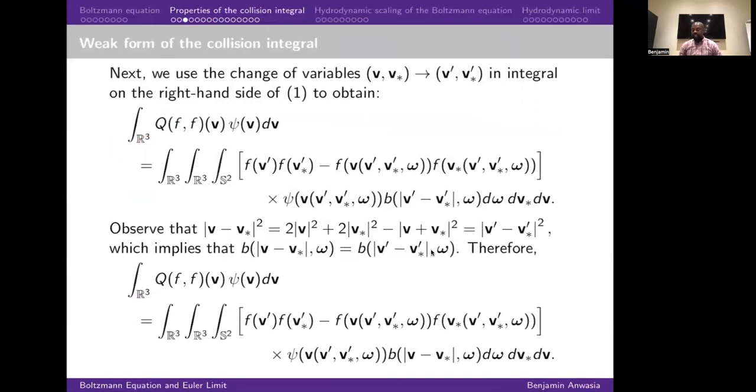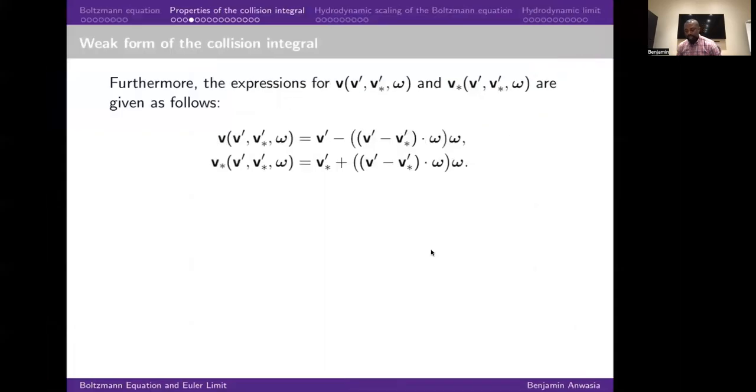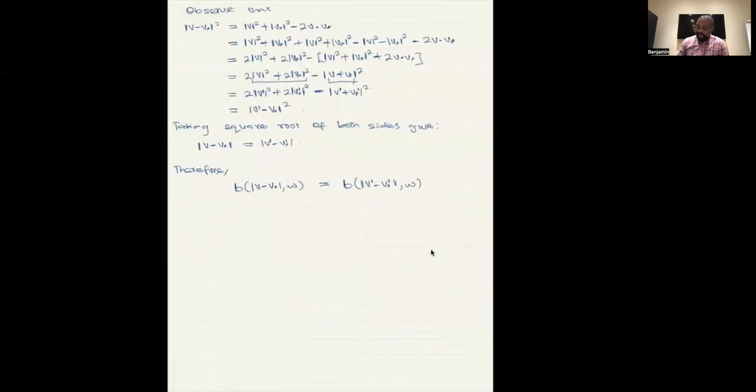Now, V and V star that depend on V prime, V star prime, and omega are given by the following formulas. To see how to obtain these formulas, again, we recall the formulas for the post-collision velocities.